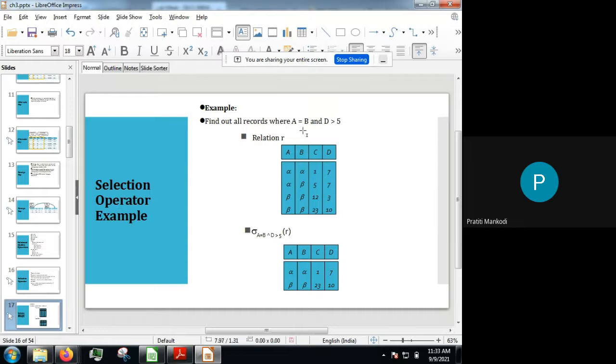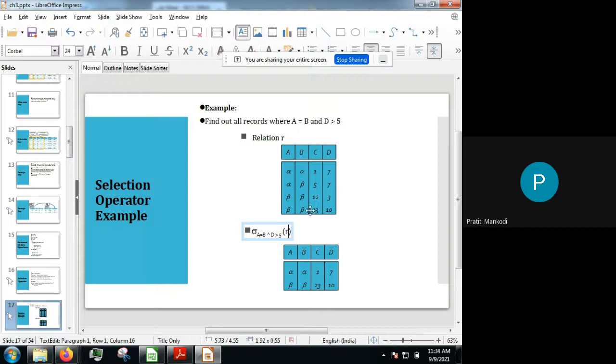Find all the records where A is equal to B and D is greater than 5. A, B, C, D are your attributes, the column headers, and this is the data: alpha, beta, some random data. Now the output will be C. You have merged two conditions: A is equal to B and D is greater than 5, on relation R. Clear? You can see the output.